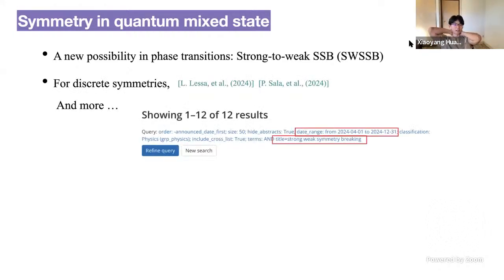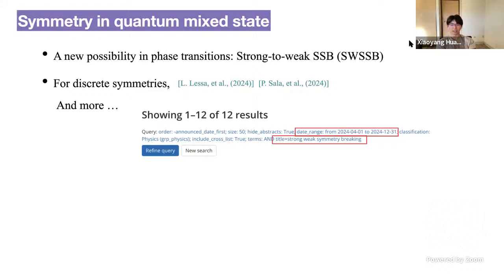I think the discussion about this strong-to-weak SSB started early this year, about discrete symmetries. I don't have the energy to list all the papers that talk about this, so forgive me, I didn't list your work.